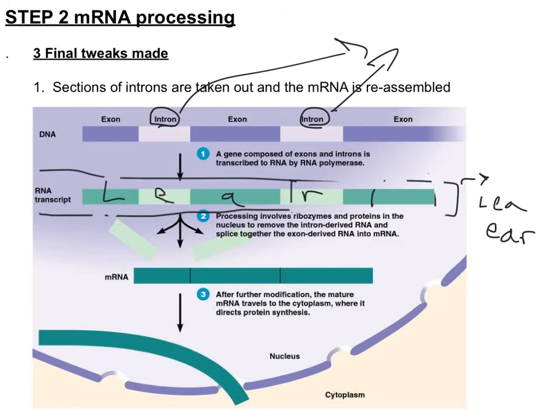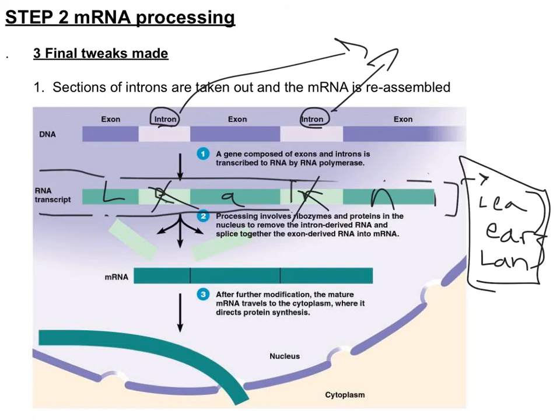But you could have those back in, and you could take the R and the E out, and you would have LAN. So by having these introns and exons and being able to pull different ones out, you get a lot more flexibility in the protein. So that's one reason. I'll circle that and write 1, flexibility.